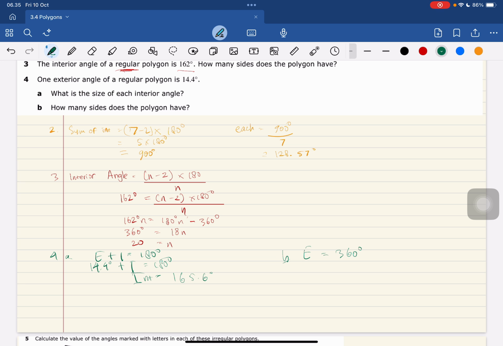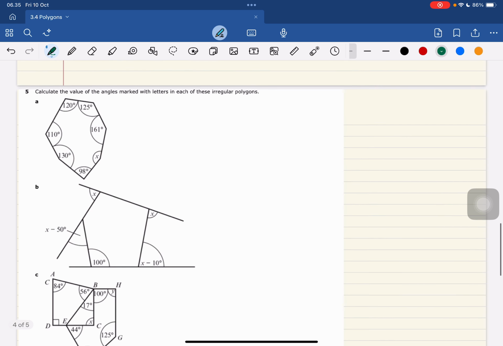So if one exterior angle equals 14.4, we divide 360 by 14.4, which gives us the answer of 25 sides. There it is.